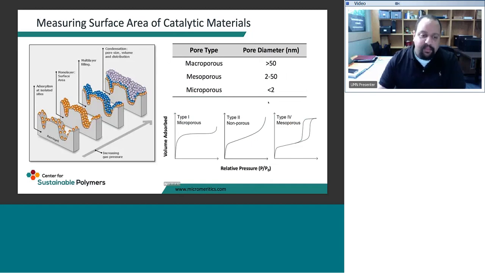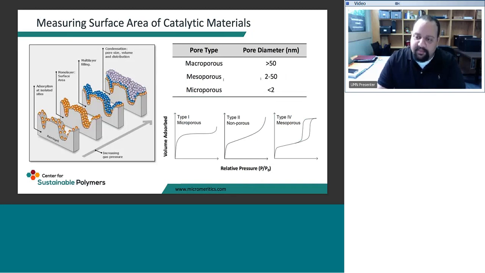And finally, what's also important and more universal in terms of different kinds of solid catalysts is knowing what the surface area of the catalyst is. Mostly what we're dealing with here are porous materials, which can be divided into three different types. We can have macroporous materials, so if you think of something like magnesium oxide, it's got a pore diameter that's going to be bigger than about 50 nanometers, so not so much porosity.